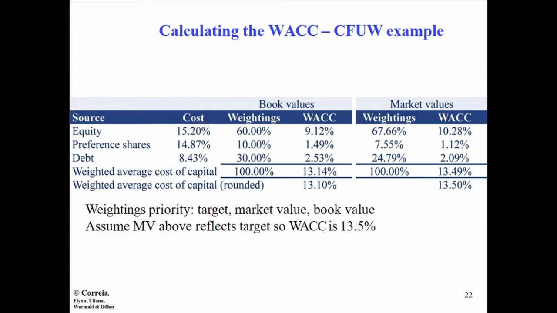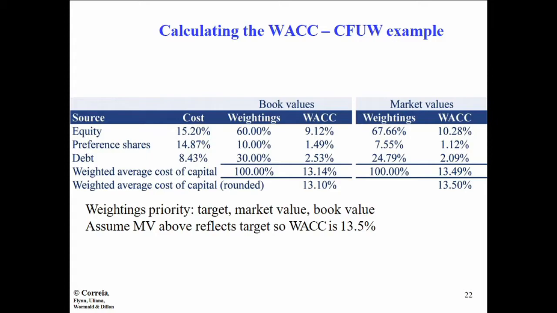If we look at the calculation of the WACC using market values, you can see that this is higher at 13.49%. In most cases, it is more appropriate to use market values when calculating your weighted average cost of capital. If a question has communicated to you what the target is, then you will use this when calculating your WACC.